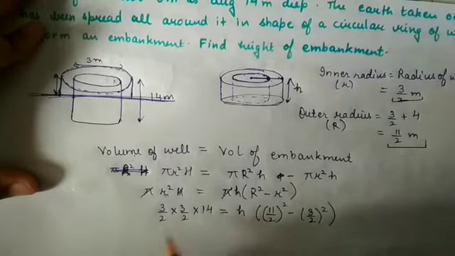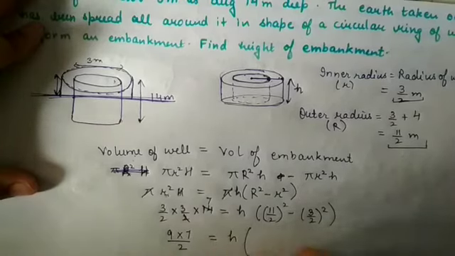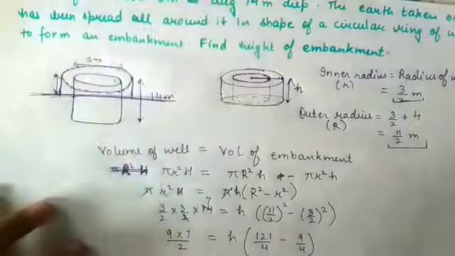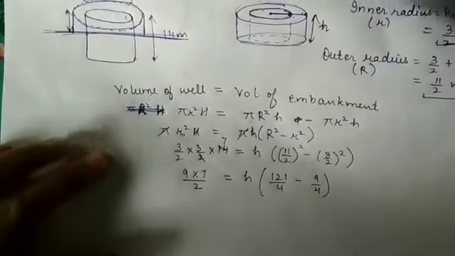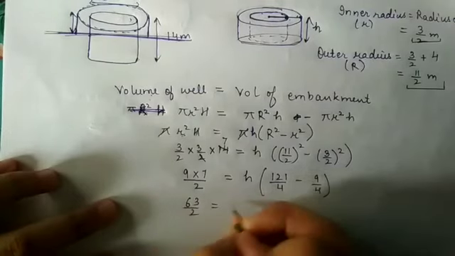So now you will get 3 into 3 is 9. So 9 into 14 upon 2 is equal to h, and on solving you will get 121 upon 4 minus 9 upon 4. So now you can take the LCM. So you will get 63 upon 2 is equal to h.